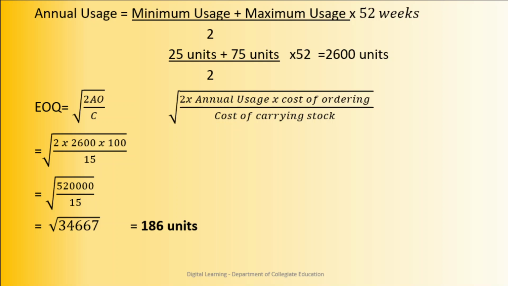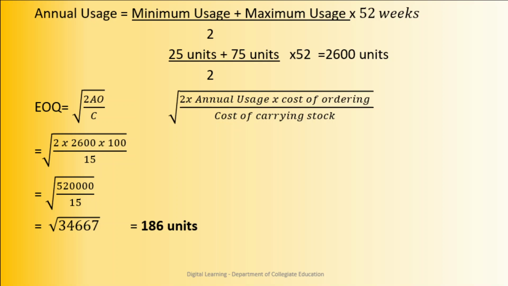Therefore, when you substitute the values, you get minimum usage 25 units, maximum usage 75 units, divided by 2 into 52 weeks. So the value for annual usage is 2600 units.